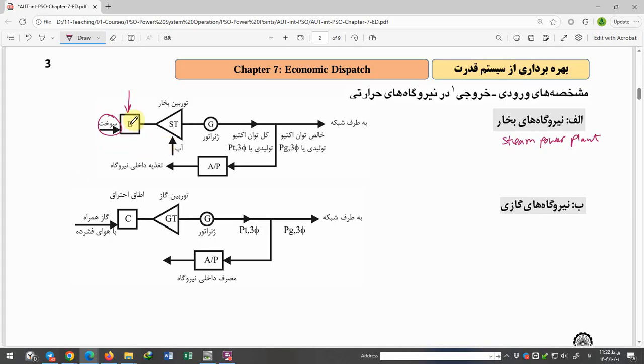The combustion part makes the water into steam, and the steam heats the turbine blades and turns them, and the generator produces the active and reactive power and gives it to the network.